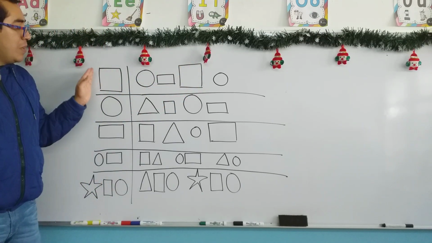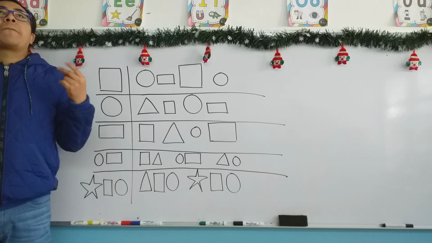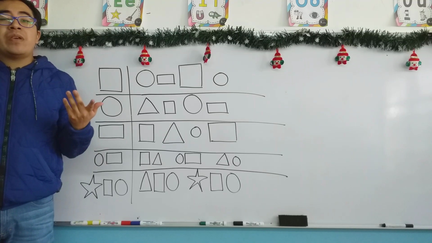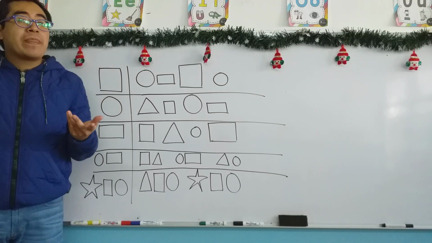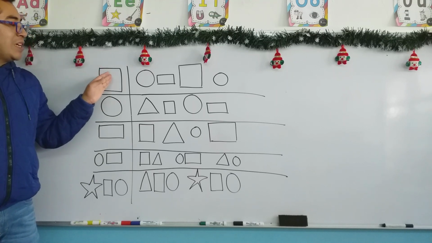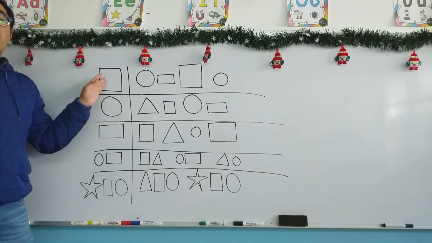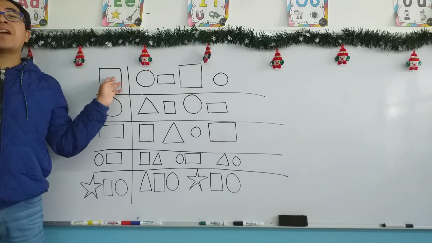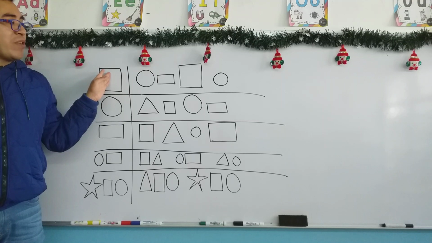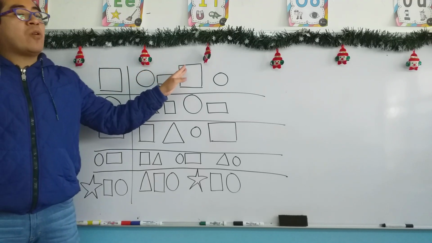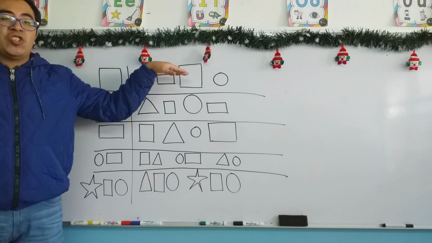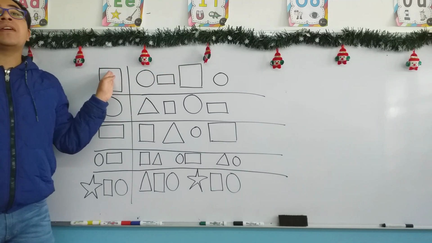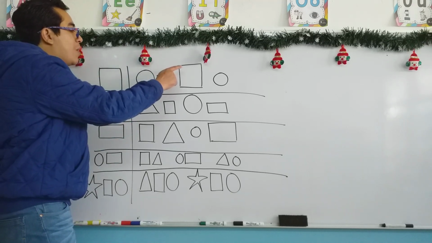Del lado izquierdo aparecen las figuras que nosotros tenemos que buscar del otro lado. Quiere decir, if here we have a square, this square is the one that we have to check on the other side of the geometric shapes.